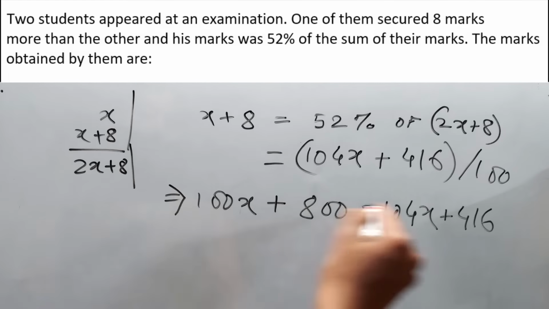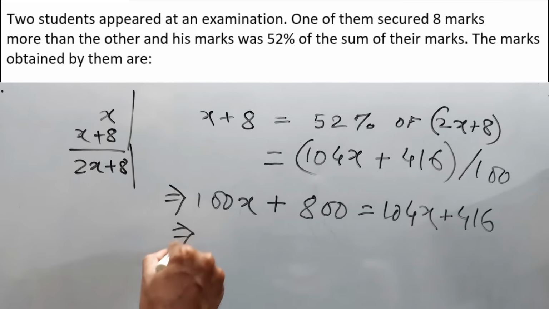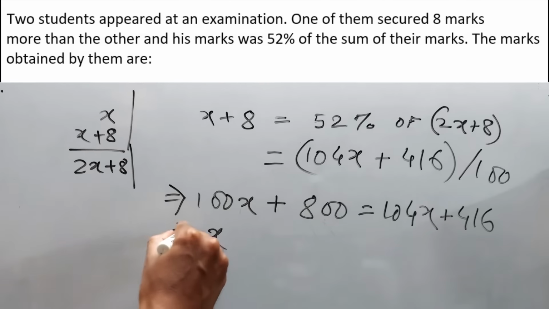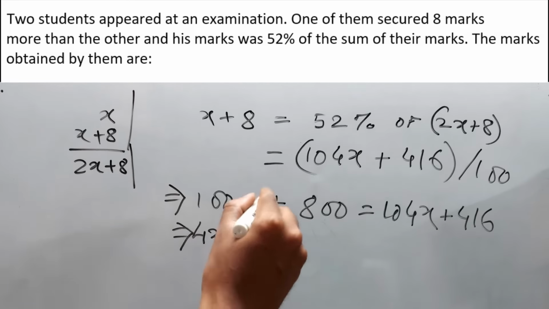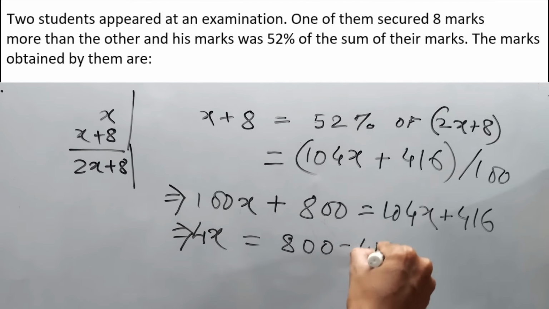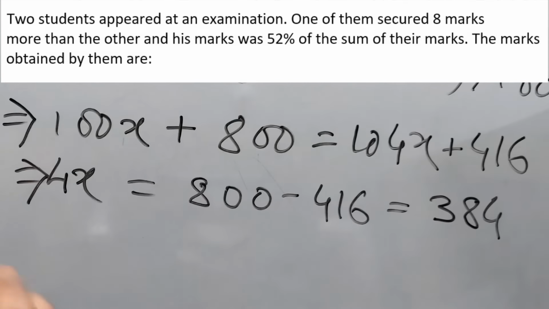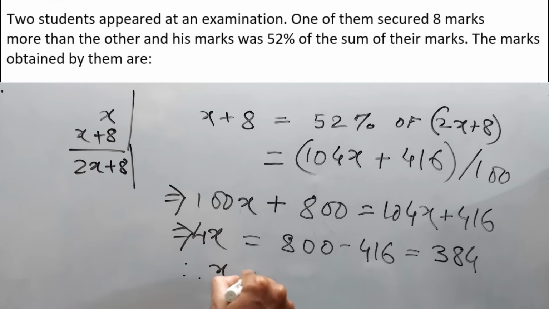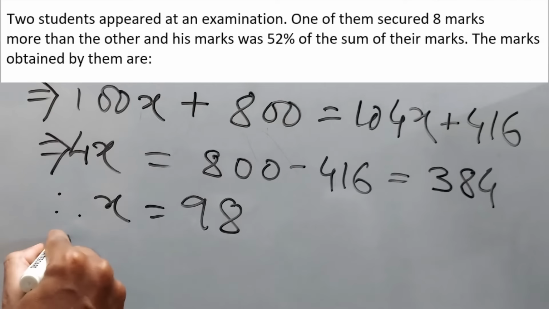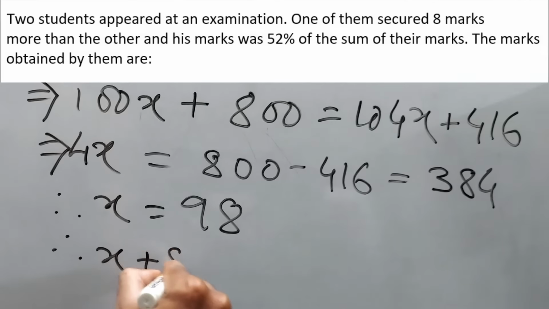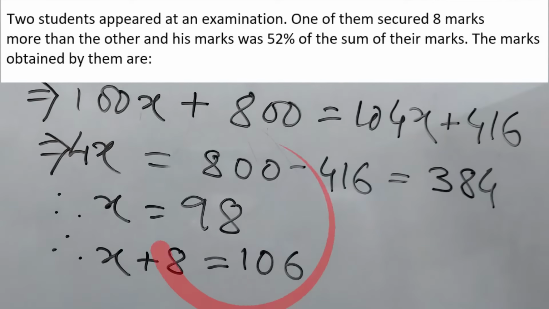Solving this equation, definitely we'll get, okay, this is 4x, right? So 4x is equal to 800 minus 416, which is equal to 384, right? So x is equal to 384 divided by 4 is 96. Therefore x plus 8 is equal to 104. Simple.